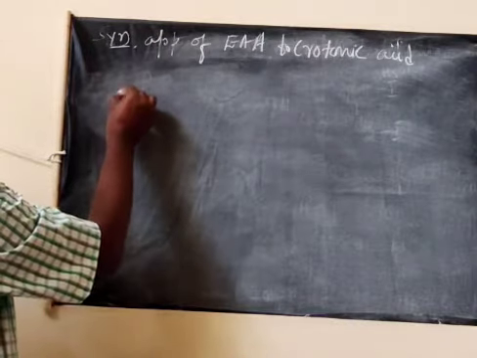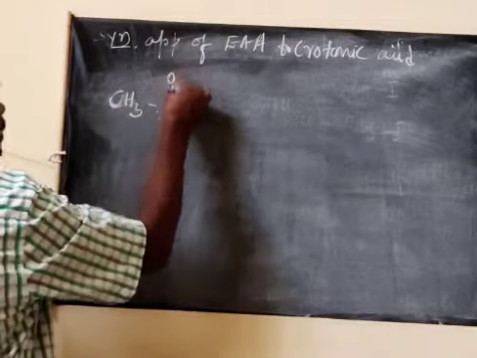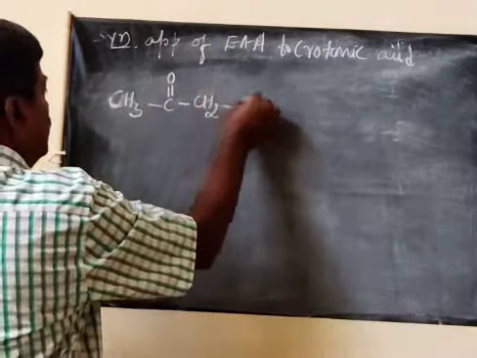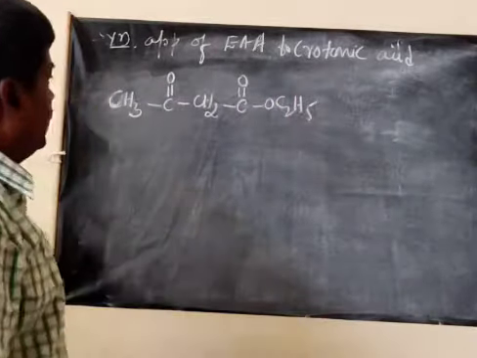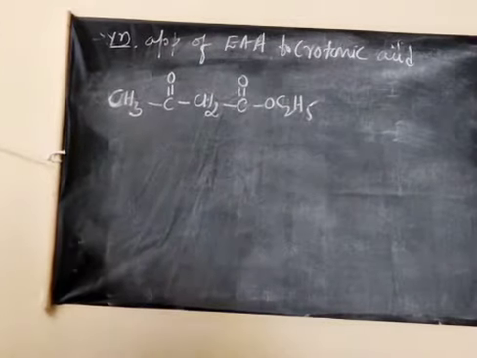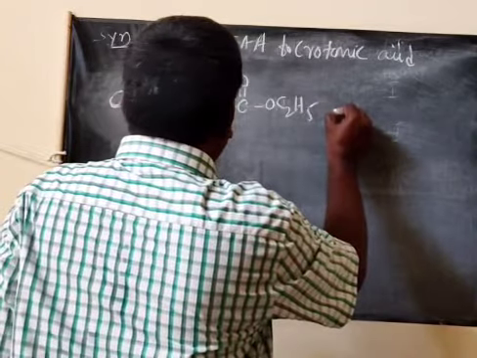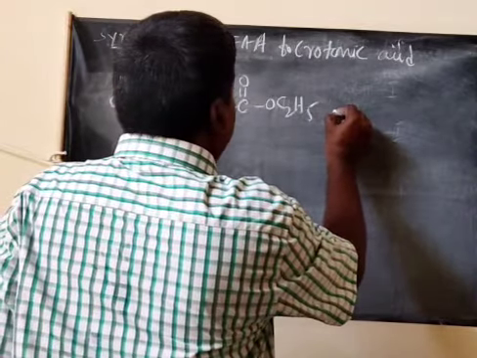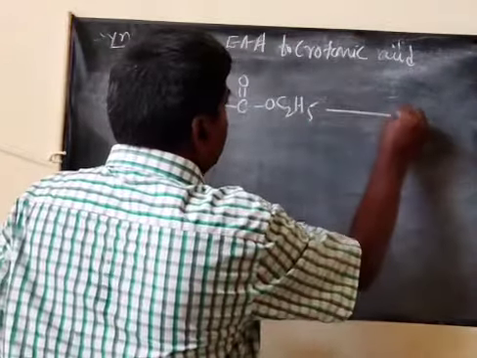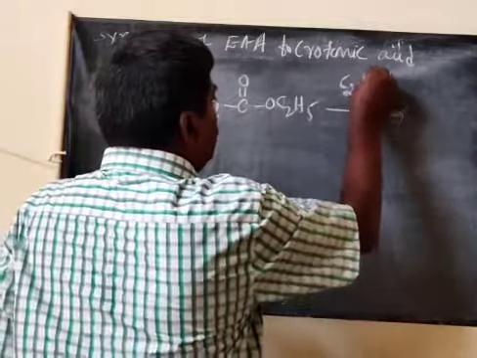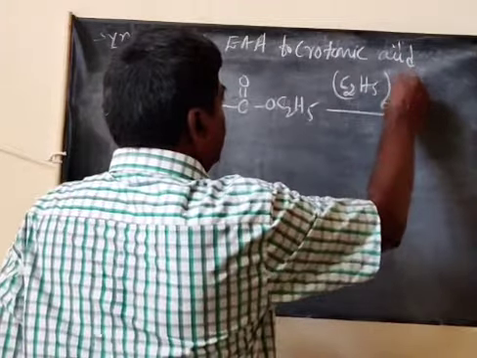Here ethyl acetoacetate, CH3 C=O CH2 C=O OC2H5, is treated with acetaldehyde in presence of a strong base like diethylamine.